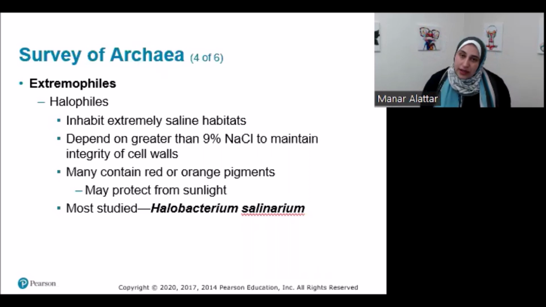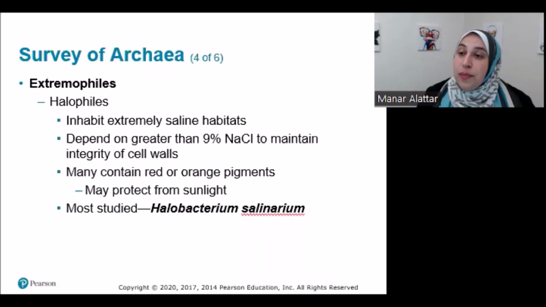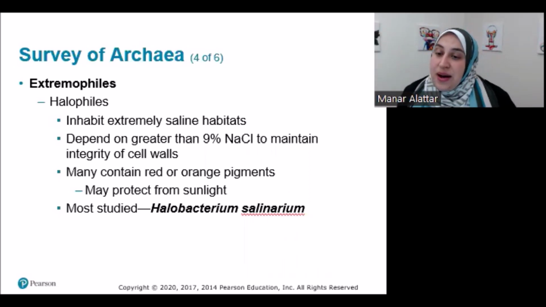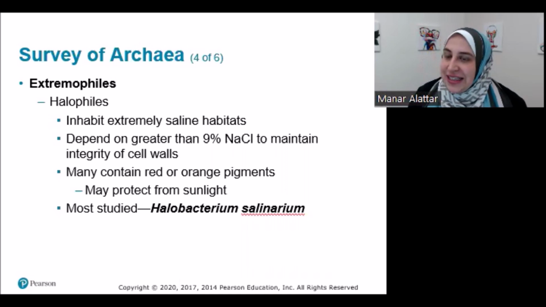Whereas these organisms that are halophiles are existing within environments of above 9% salt, okay? And many halophiles will actually exist comfortably within a salinity of 17 to 23%. So very, very saline environments.